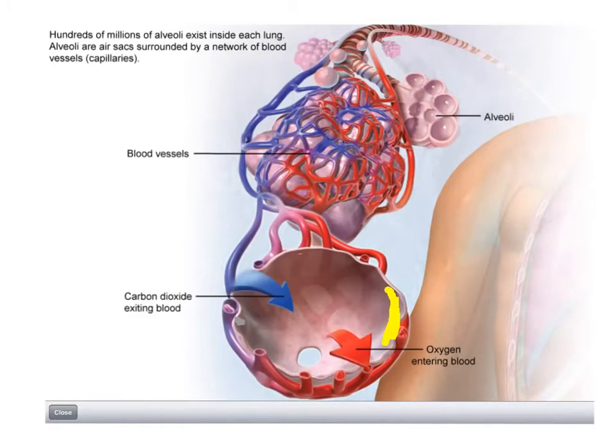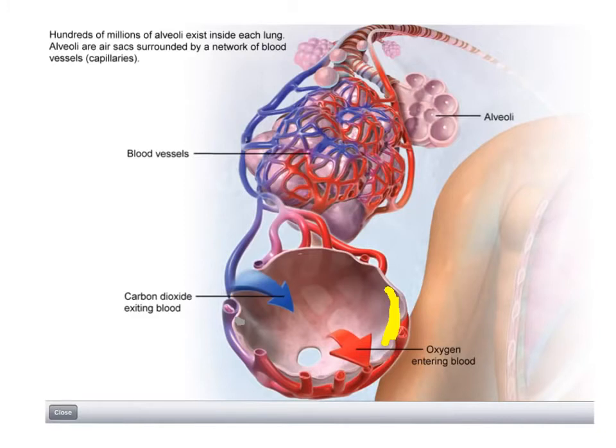Remember, it was a byproduct of energy conversion, of metabolism in the cells, and CO2 was produced and then carried back to the lungs, so the bloodstream coming back to the lungs is very high in CO2. The air in the alveolus is very low in CO2, and those two gases will also diffuse across that membrane and tend to even out.